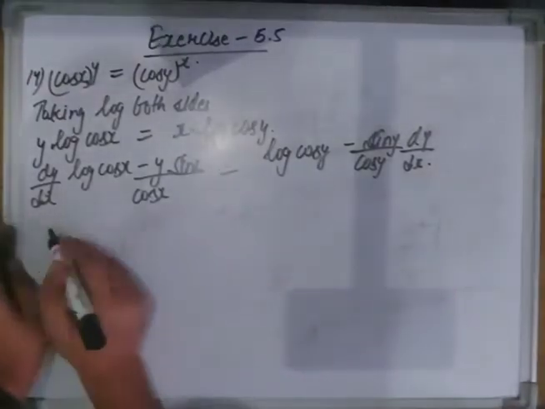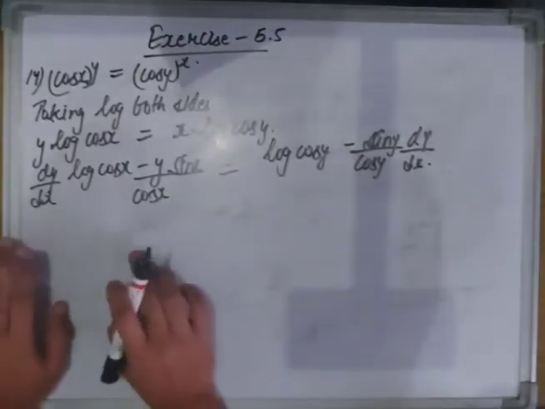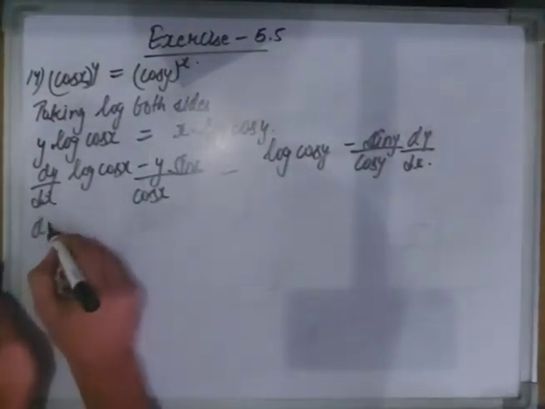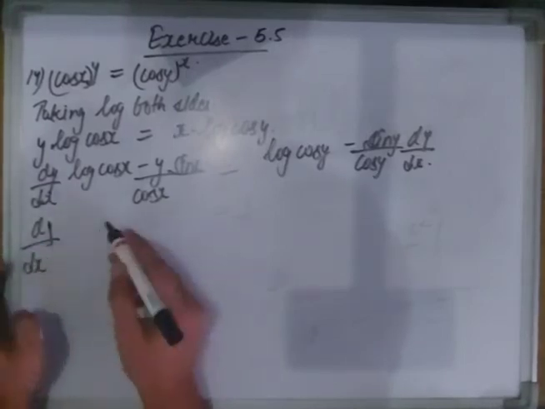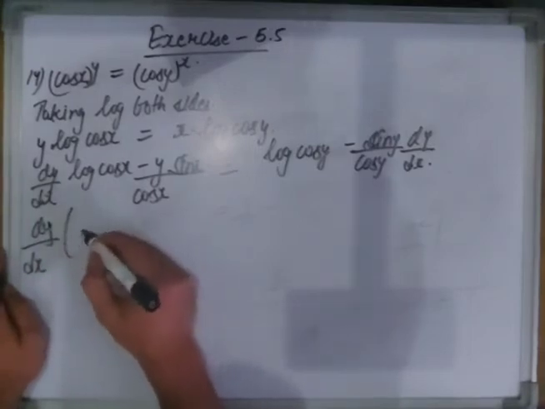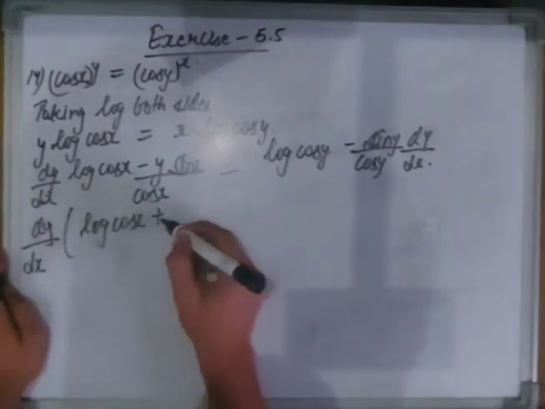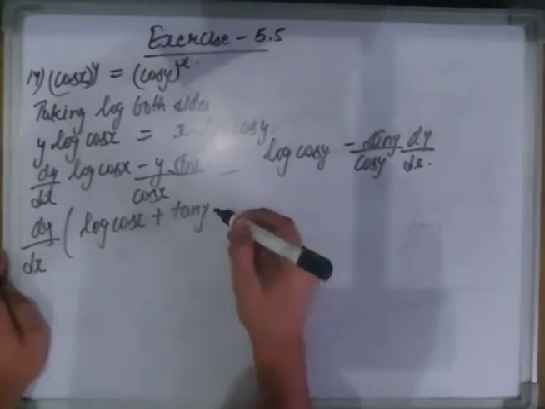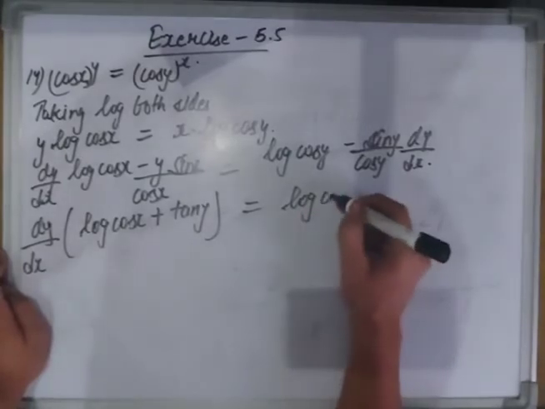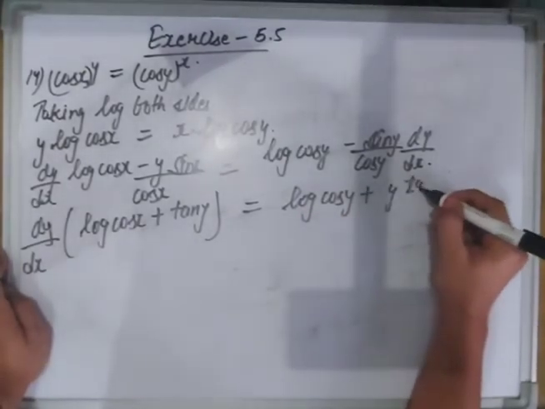So now take the terms which contain dy upon dx to one hand side. Here we have dy upon dx, log cos x plus tangent y, and here we have log cos y plus y tangent x.